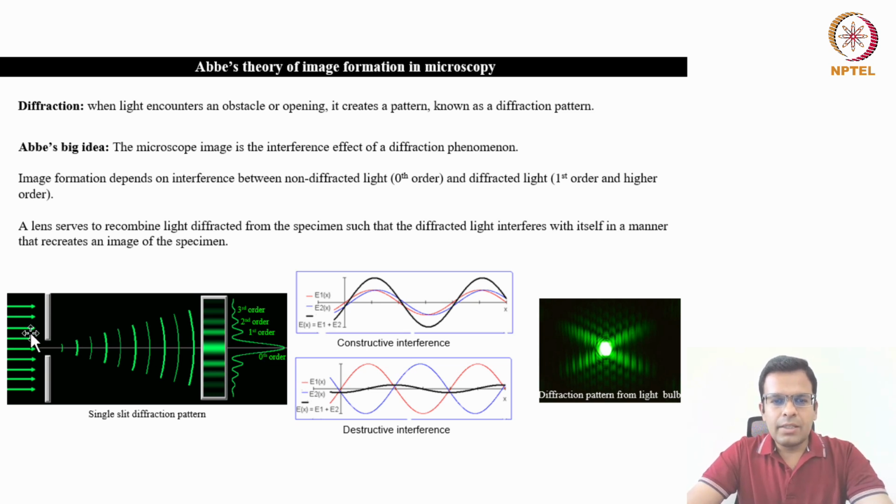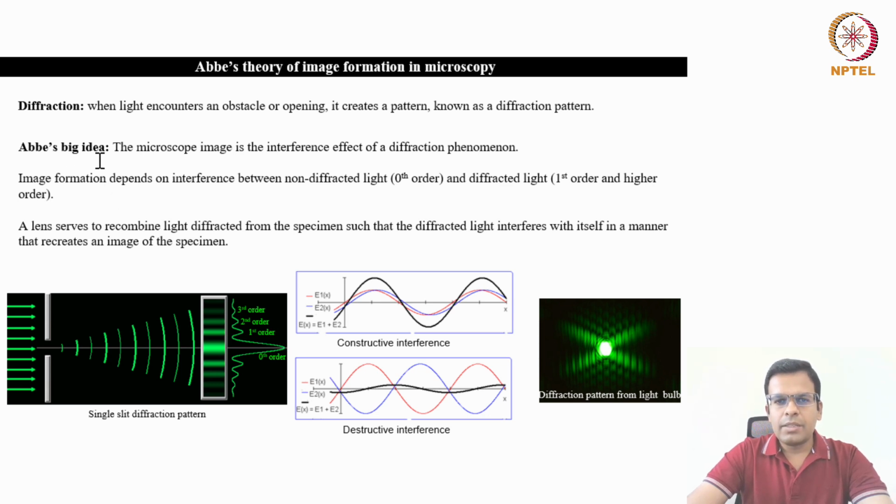So see, this is the diffraction phenomenon of a light. Light rays are coming parallel to the axis, and when it passes from the slit, it creates this kind of a diffraction pattern. So if you capture this image on the screen, it will look like this. The center wave is known as the 0th order diffraction pattern. Then the first wave is known as first order, second wave is known as second order.